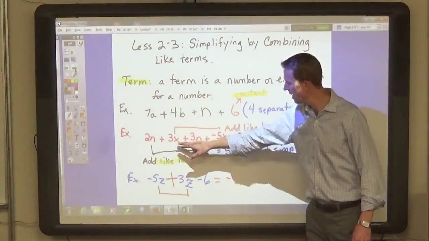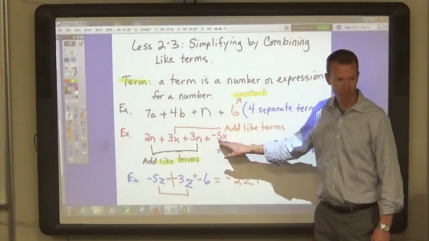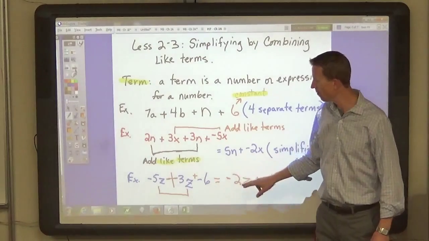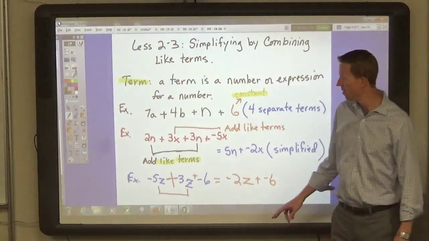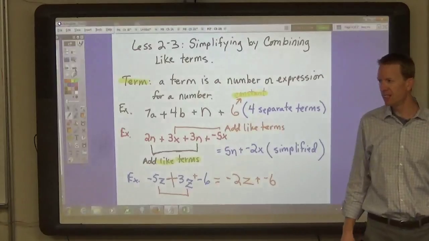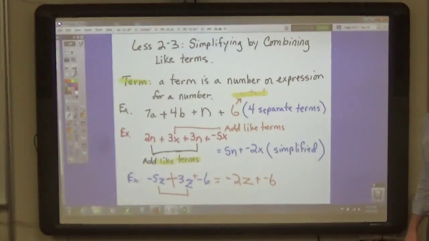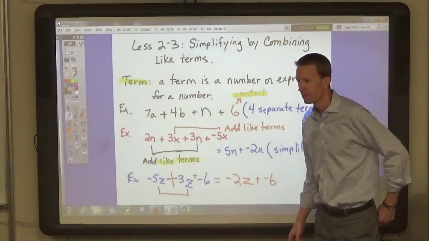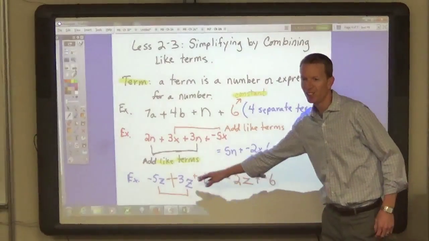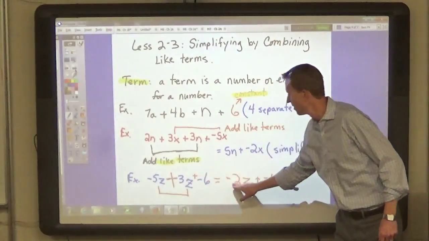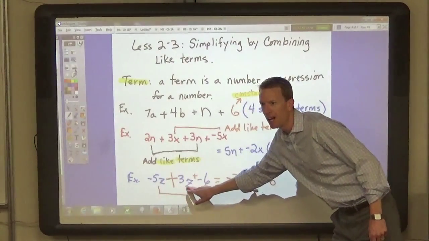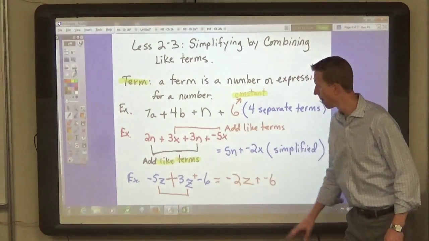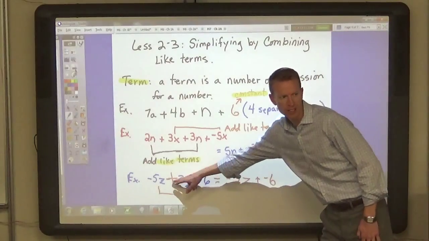You'd add 3 and negative 5 and get negative 2. Okay? What if you added negative 5z plus 3z? Laura? Pay attention up here. Negative 5 and positive 3. Negative 2z. Yep.